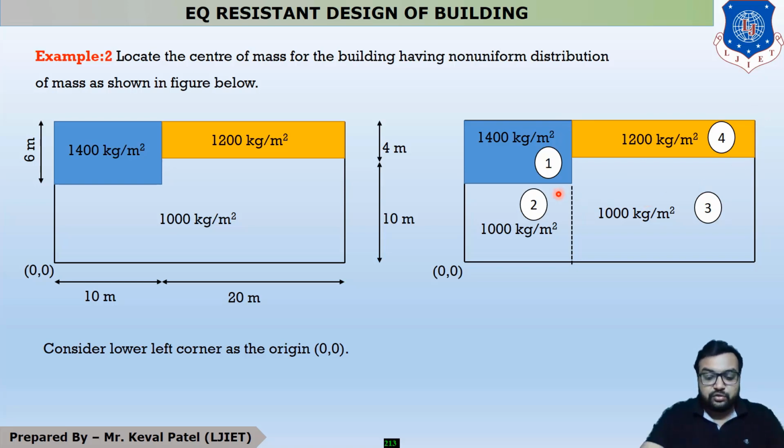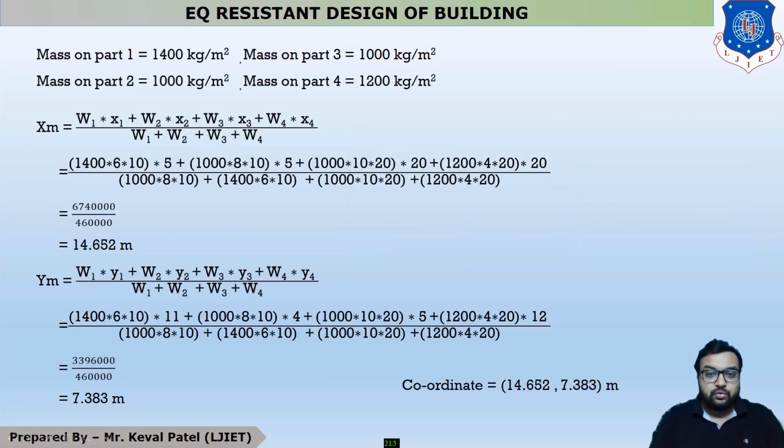So first of all, we have to convert all the masses. You all know that in mechanics of solids there are three types of examples: line, area and volume. In the line type, your equation is L1x1 plus L2x2 plus L3x3 up to Lnxn, divided by L1 plus L2 plus L3.